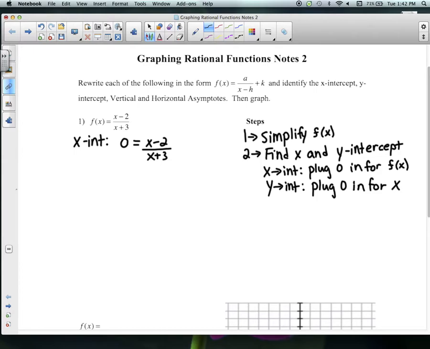So just like we would have done with our solving equations, make that 0 over 1, cross multiply. So our x-intercept ends up being 2. When you record that, you want to record that as the point (2, 0). So I'm just going to scroll down and put that down on the bottom.